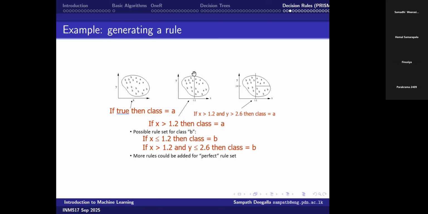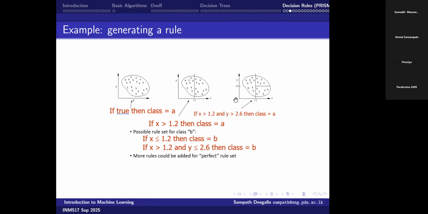So we can update my rule saying that if X value is greater than 1.2, then class A. If you calculate the accuracy again here, we have 6 instances of class A, total around, let's say, 12, right? So now accuracy is improved compared to the previous rule. So the accuracy of this rule is better than the previous.